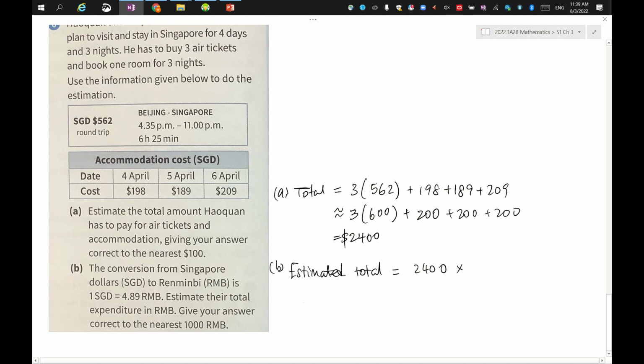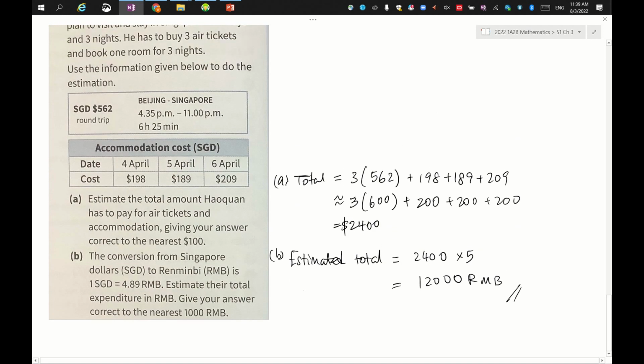And I don't want to multiply by 4.89. Let's multiply by 5, since it is just an estimate. So we end up with 12,000. Sorry, not dollars. So weird. Okay, 12,000 RMB. So this is to the nearest 1,000 RMB already. Okay, so that's all for our homework for chapter 3.